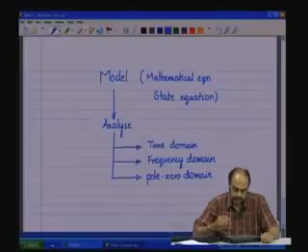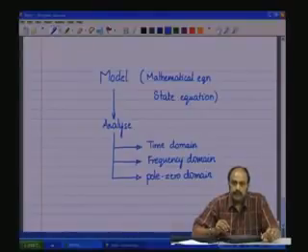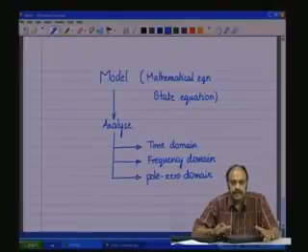It should be noted here that the circuit, the signals, all these are existing in the time domain only.